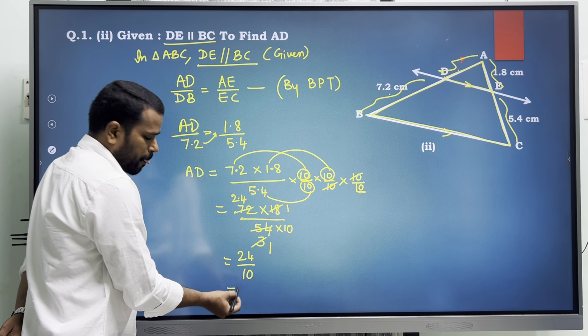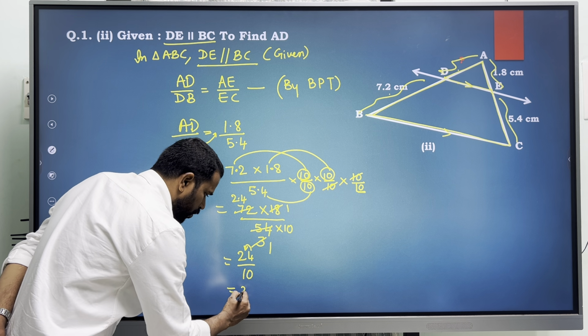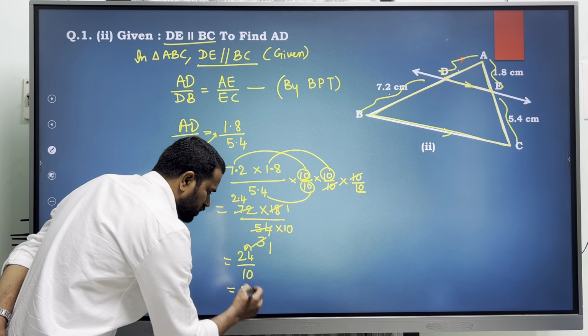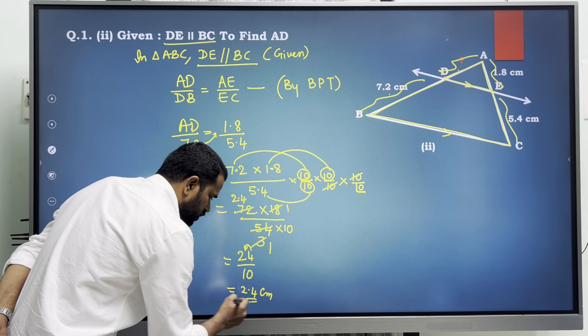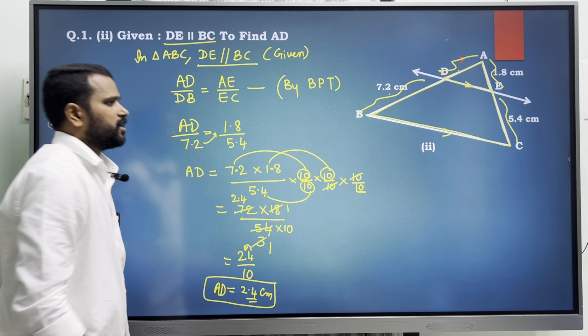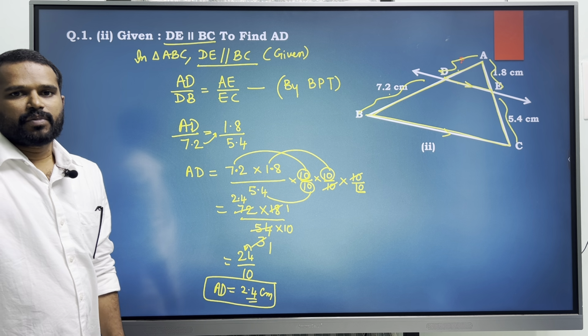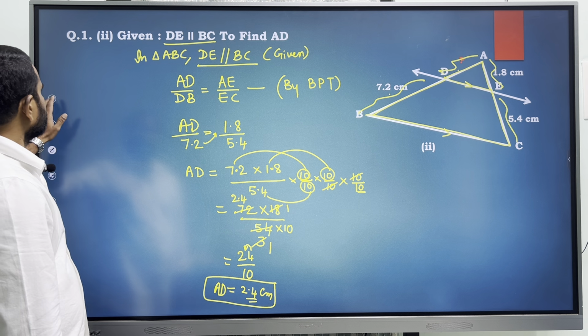If I divide by 10, one digit after we have to put the decimal point, so 2.4, because there is one 0. AD is equal to 2.4 centimeters. This is how we can apply the basic proportionality theorem.